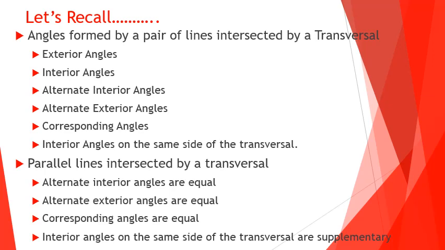If the lines are parallel, then the alternate interior angles are equal. Similarly, alternate exterior angles are also equal. If the lines are parallel, then the corresponding angles are also equal. And interior angles on the same side of the transversal are supplementary.